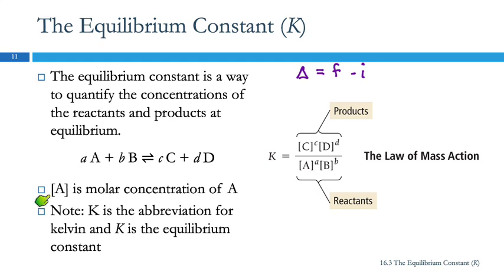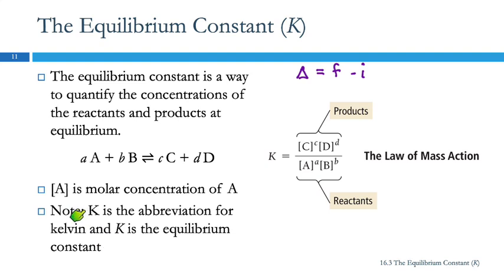When we put a formula in brackets, we mean the molar concentration of that substance. So we're not going to be putting units in here. The brackets tell us it's moles per liter. Now I just want to point out, this is a non-italicized capital K, and this is an italicized capital K. This one's just kind of slanty, right?